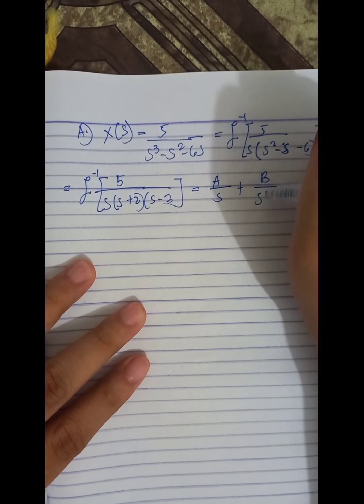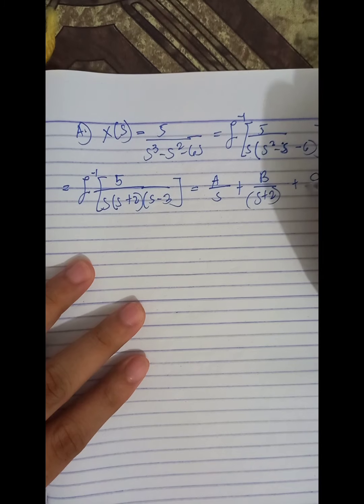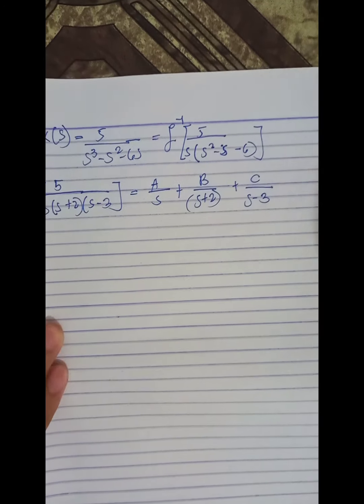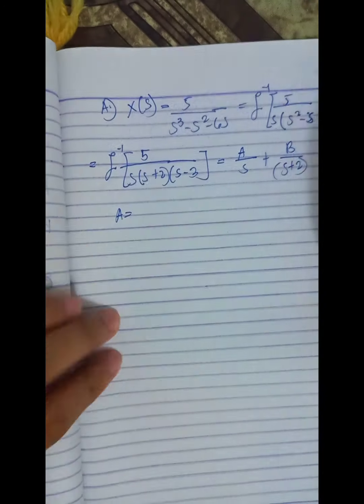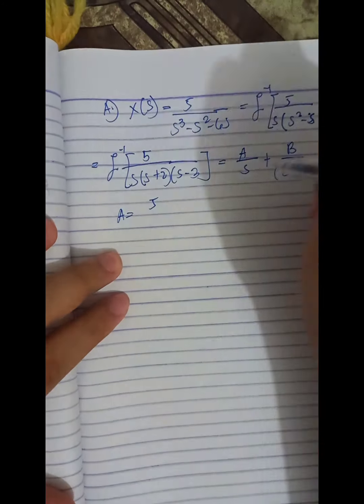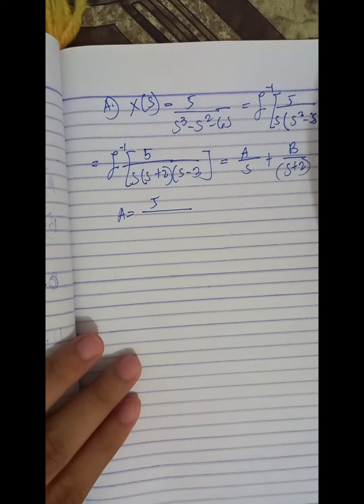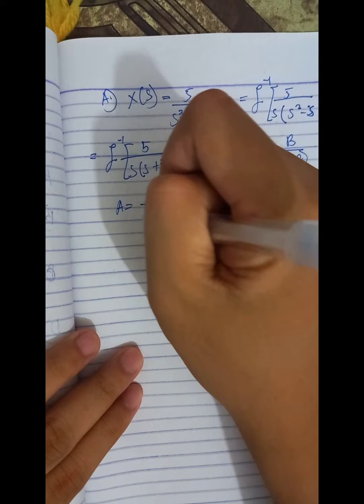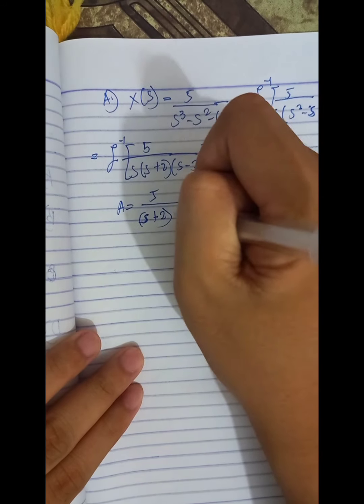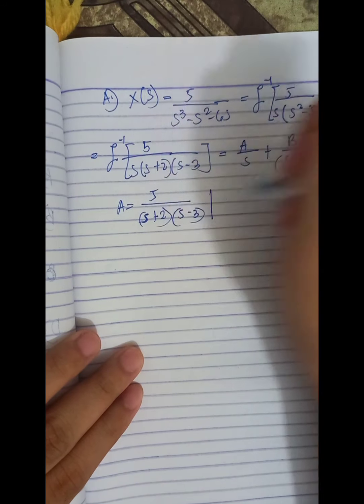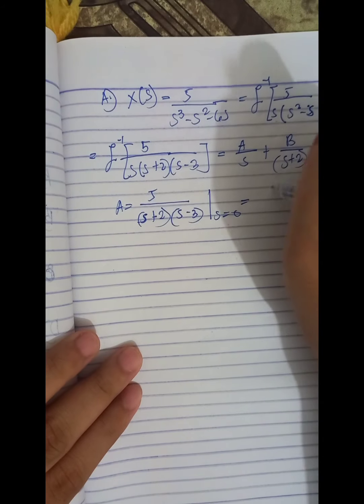And then next, in order to solve the given, we write X of s equals A over s plus B over s plus 2 plus C over s minus 3.